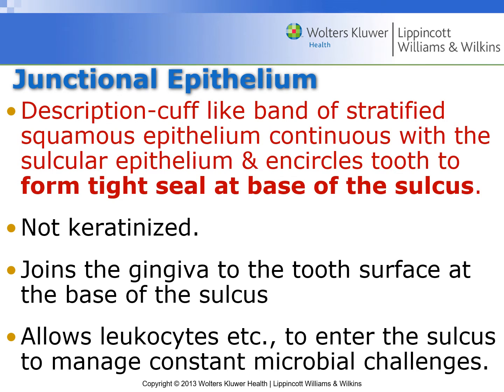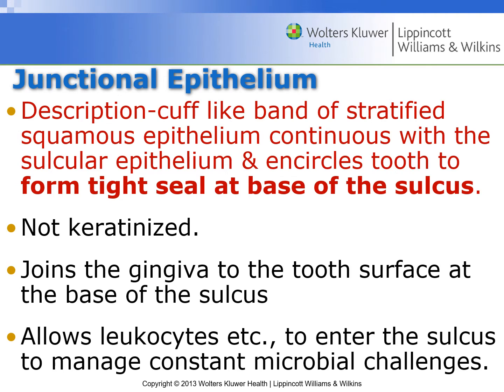So junctional epithelium, what is it? Anytime you see a definition that says cuff-like band of stratified squamous epithelium, it's the junctional epithelium. It's cuff-like because it surrounds the complete tooth.